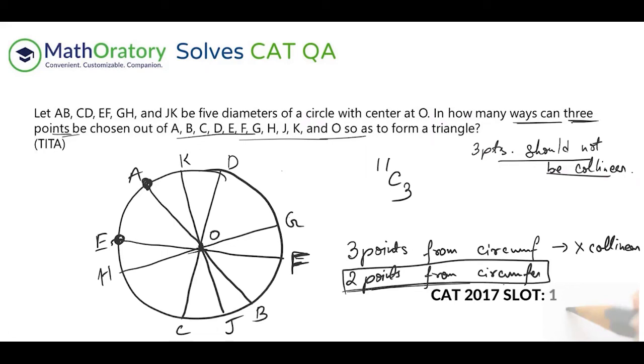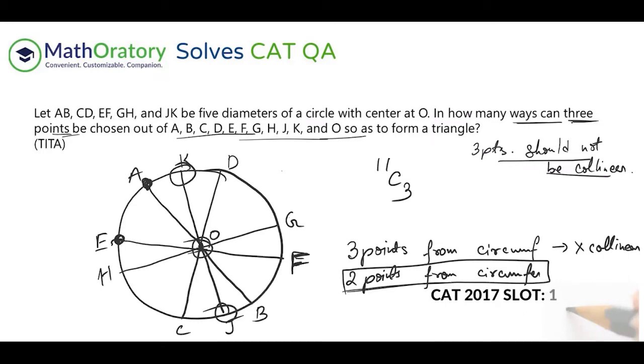But in which cases are they collinear? The 2 points that we choose, suppose they are the end points of a particular diameter. So if you select the two end points of a specific diameter, along with it, if you select the O, now all these 3 points are part of this diameter, right? So in this case, we are not going to form a triangle.